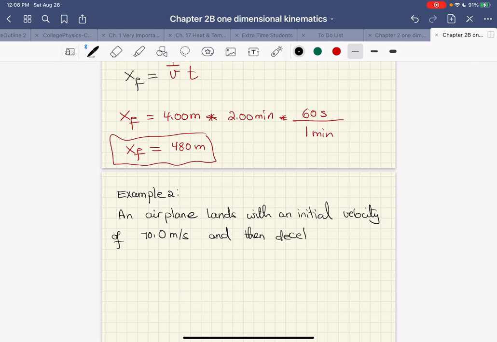Decelerates means that the velocity is going to decrease, or you can say actually accelerates. Okay, we can use the same term.